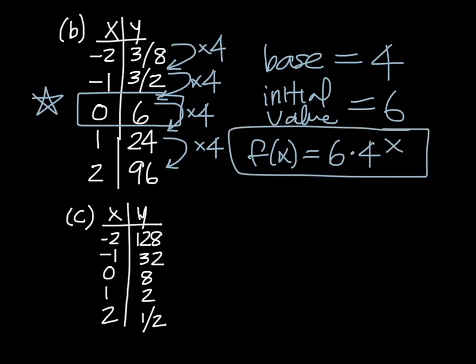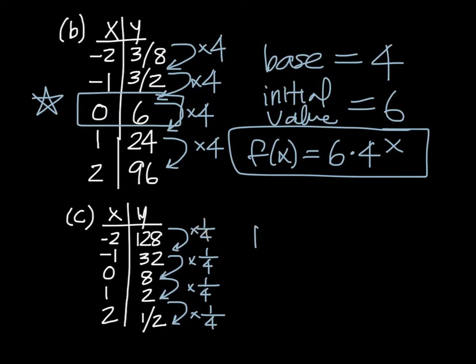Pretty easy, right? Let's look at this next one. To go from one number to the next, it looks like these numbers are getting smaller, which tells us that the base, or the multiplier, is less than 1. And upon closer inspection, we see that the multiplier, the number that we are multiplying to get from one number to the next, is 1/4.